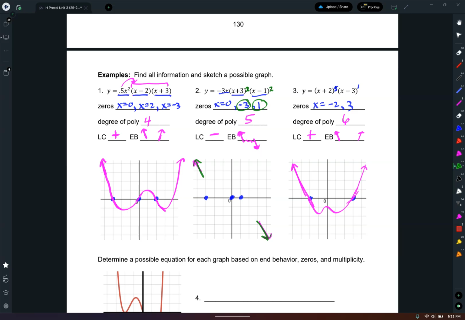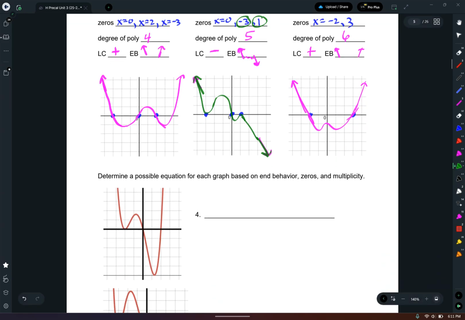But when I hit the -3 here, it's not going to pass through, but rather it's going to come down and touch it and bounce off. Then at 0, because the 0 did have an odd degree, because that's like an x to the first, it is going to pass through 0. But then when I turn to head for the other one, because that x equals 1 has an even degree of 2, it's going to bounce off before it connects up. Okay, so then it's going to connect up. All right, let me make it look nicer.